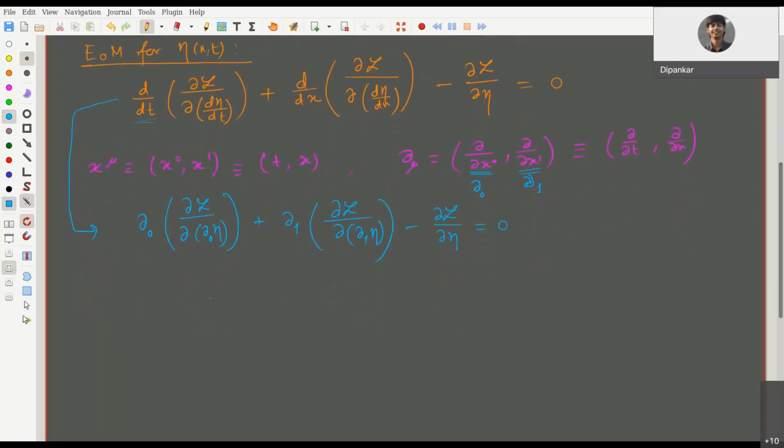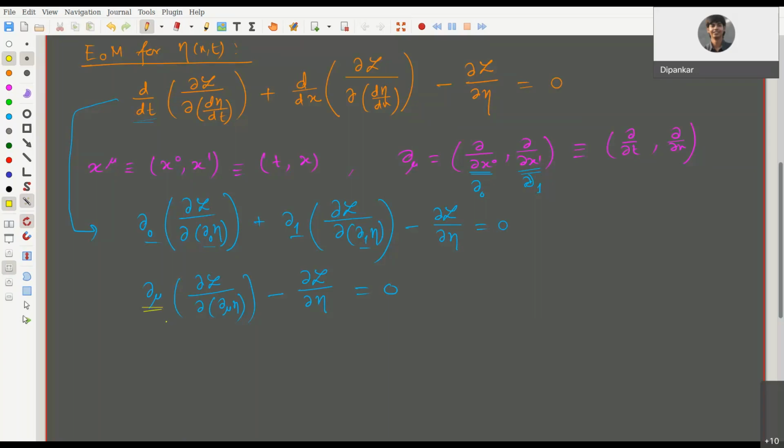Employing the summation convention, this is basically 0 0 then 1 1, I can compactify this as del mu of del L over del of del mu eta, minus del L over del eta equals 0. Just keep in mind that the exterior derivative is the total derivative. This is basically d dx mu, is what I mean by that.